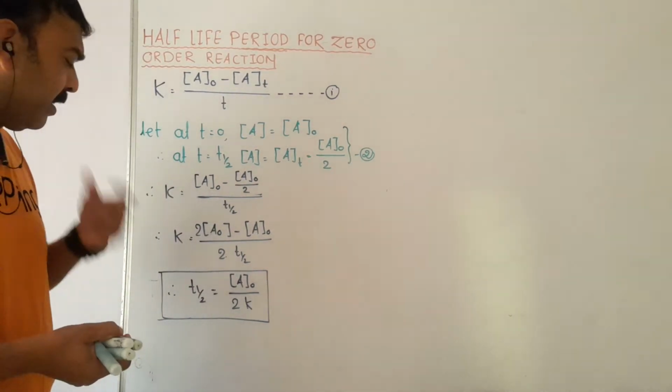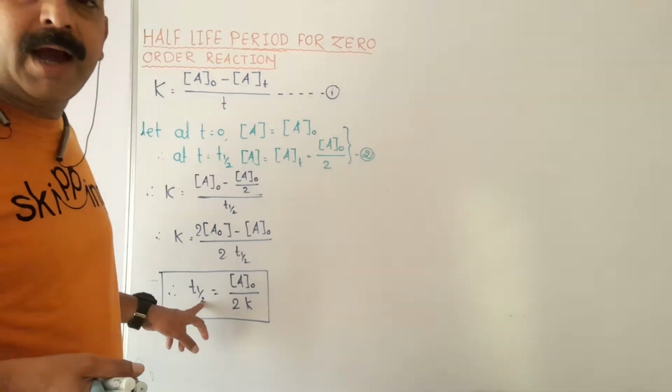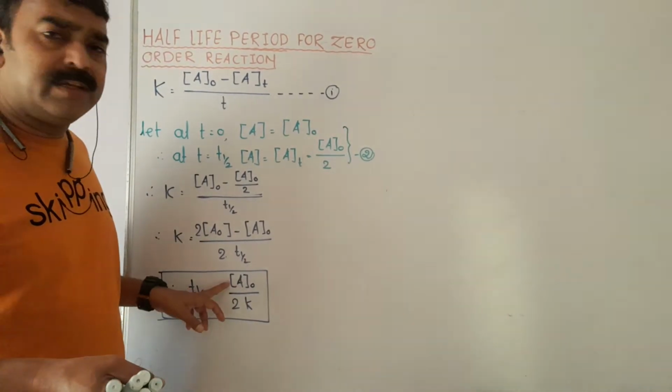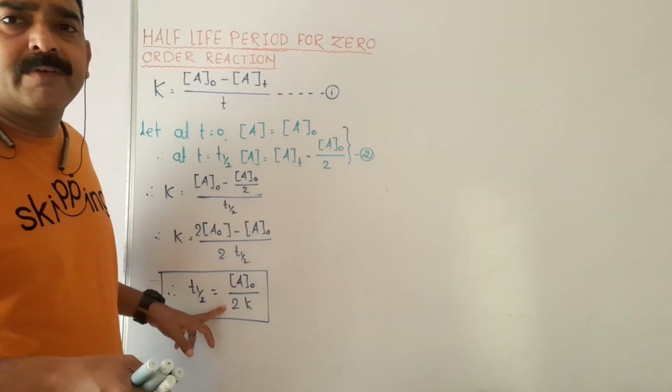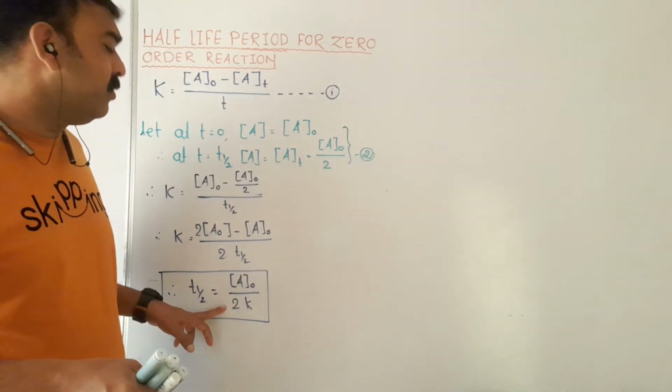For the zero order reaction, the half-life period t half equals initial concentration of reactant divided by twice k, where k is the rate constant.